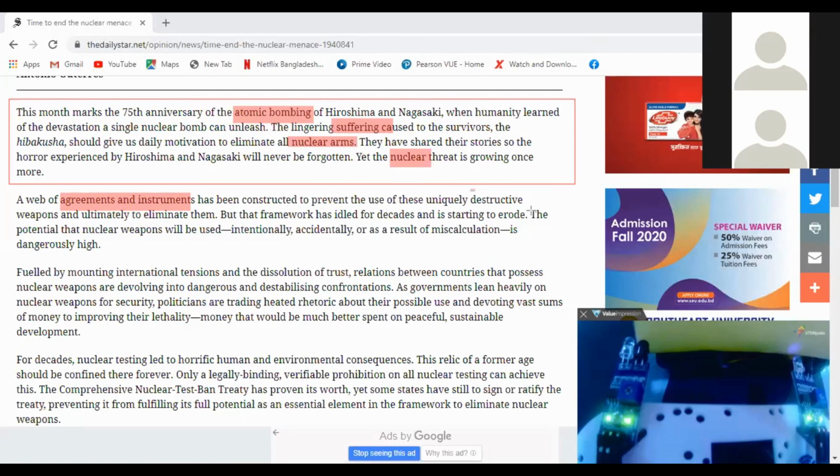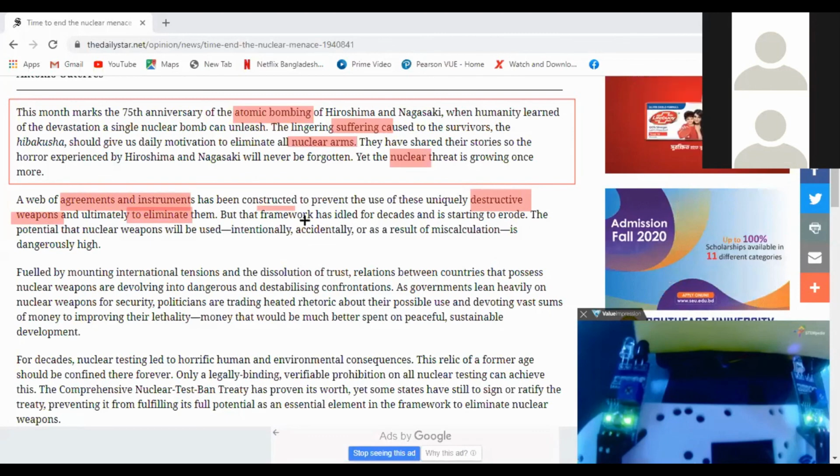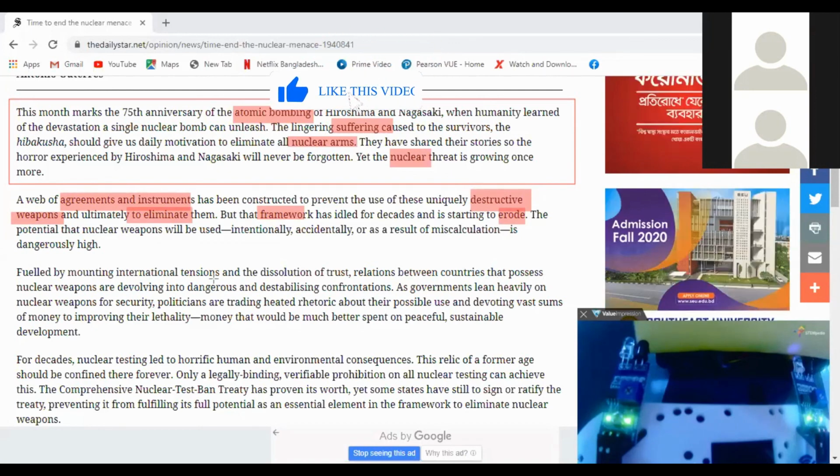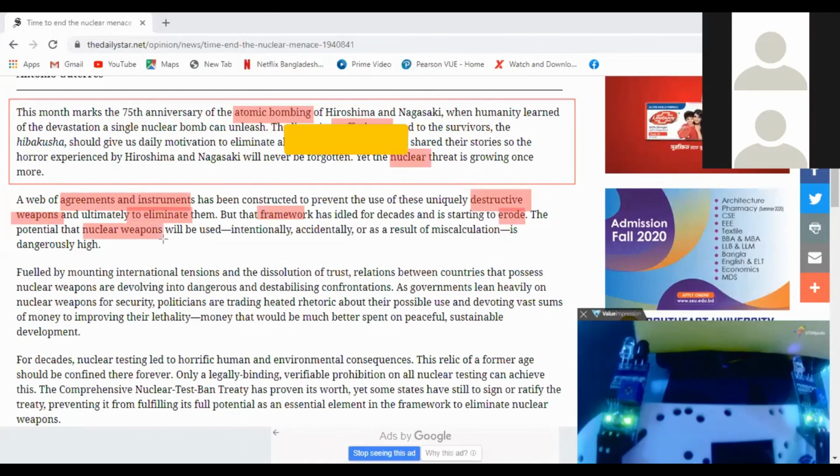Destructive weapons, to eliminate, framework, road, which is a kind of synonym to eliminate, so again nuclear weapons. So we have no doubt that nuclear weapons is the topic.